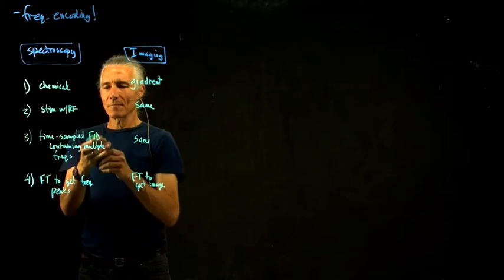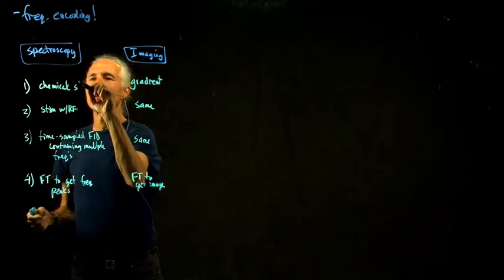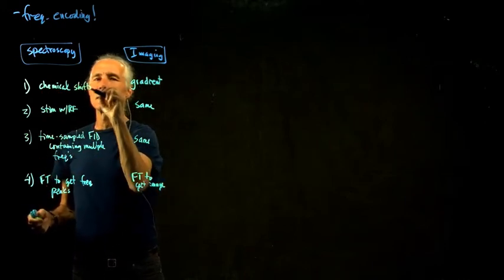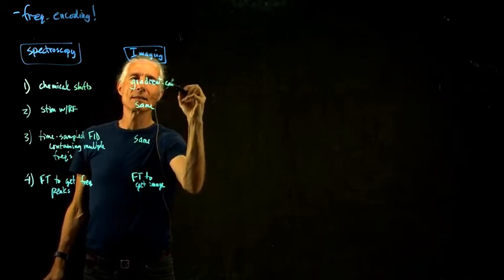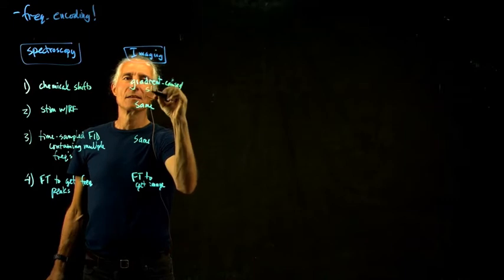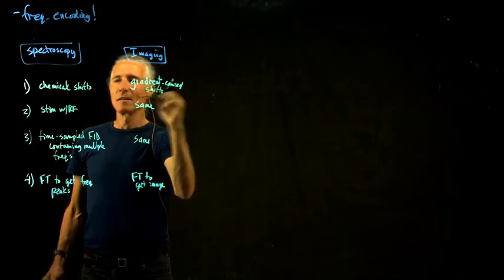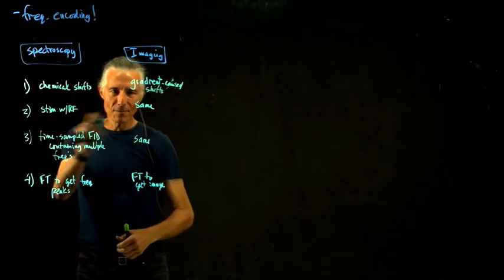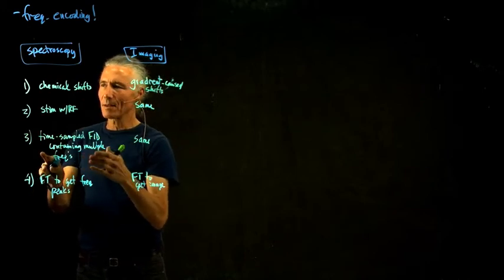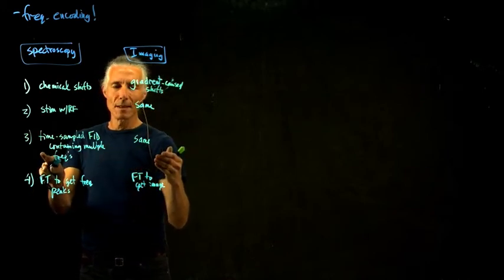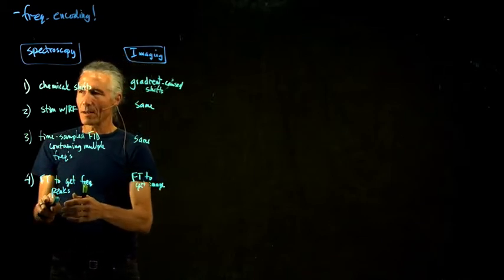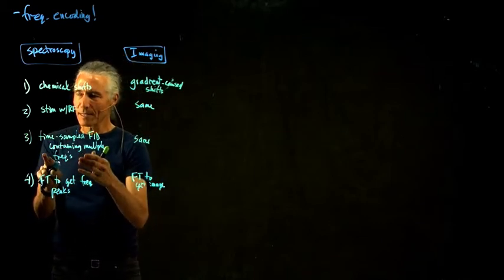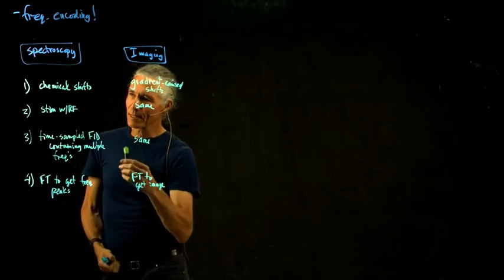Chemical shifts, we've got gradient cause shifts, so that all makes sense. And then we stimulate with RF, that's the same. We time sample the FID that's coming back with the gradient on, same. And there's multiple frequencies in there because there are different resonant frequencies.